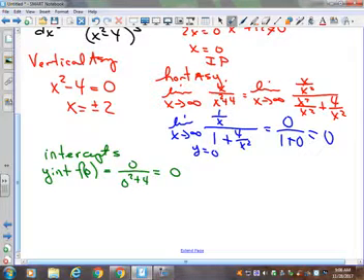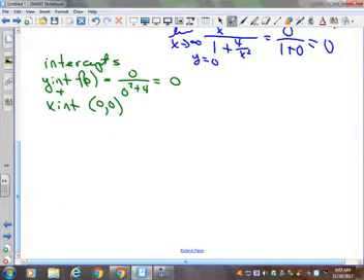So not only is (0, 0) an inflection point, but it's an intercept. It's also the x-intercept. It's the y and the x-intercept because I'm at the origin. Only place on the graph where you can be both. So I don't need to calculate the x-intercept because it's the same number.